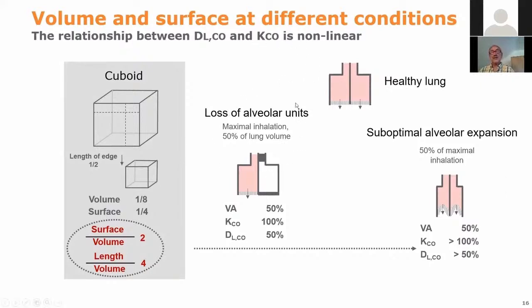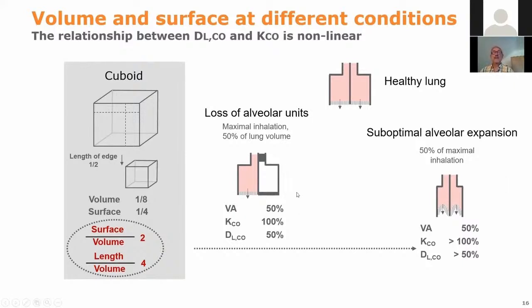If you have a loss of alveolar units, it's also no problem to calculate the test results, because, for example, if half of the lung is resected, then you have only 50% of the alveolar volume here. The KCO will be 100% because it's the relationship between the DLCO, which is also 50%, and the 50% of alveolar volume, so it's 100%.